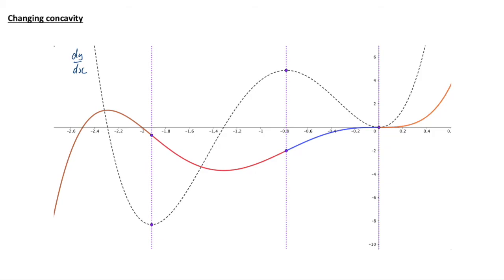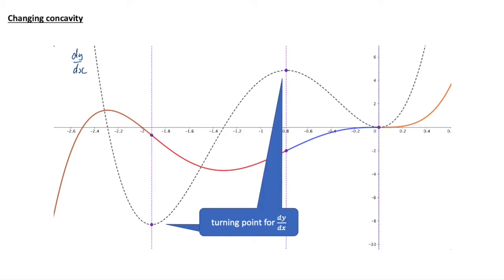Between the red convex and the blue concave, we have a maximum, and then between the blue and the orange, we have a minimum. But that's for dy by dx. So when we change from concave to convex, or vice versa, then we get a turning point for dy by dx.